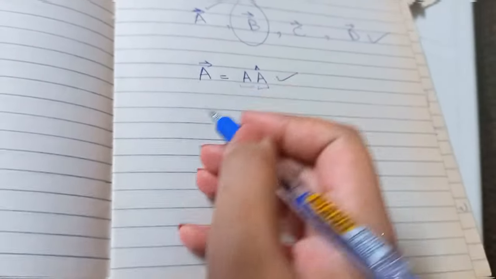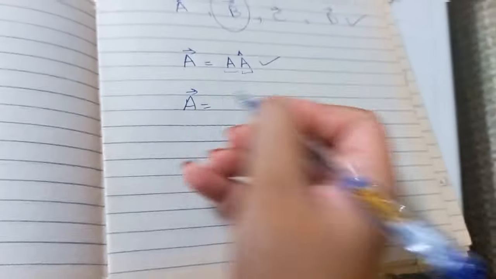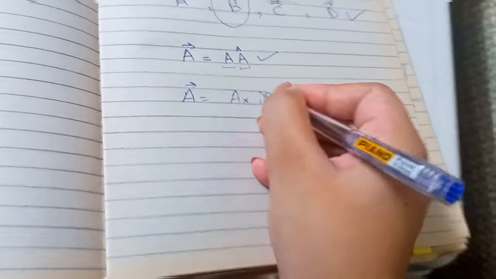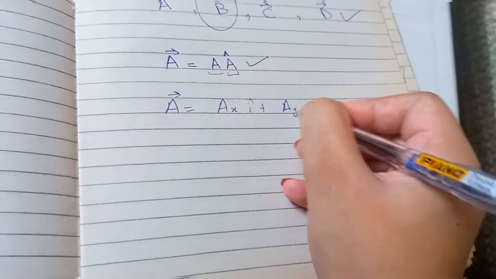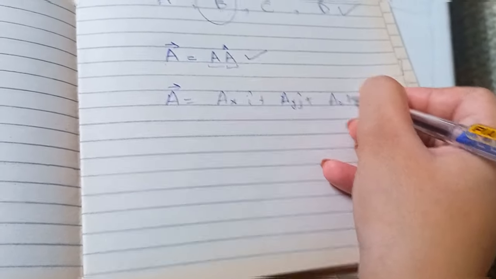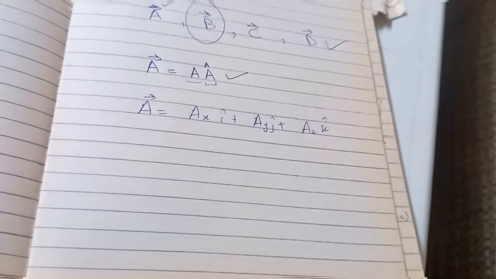Now, how to know the magnitude of a vector? For example, let's say we have a vector whose x component is ax i hat, y component is ay j hat, z component is az k hat. They can be numbers like 3 to 5, they can be variables or anything. I'm just writing it in general.